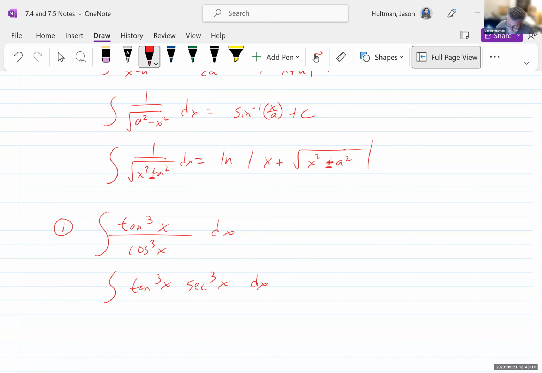The goal is to get everything in terms of secants. So I want to break off tan squared x secant squared x, times tangent x secant x dx.